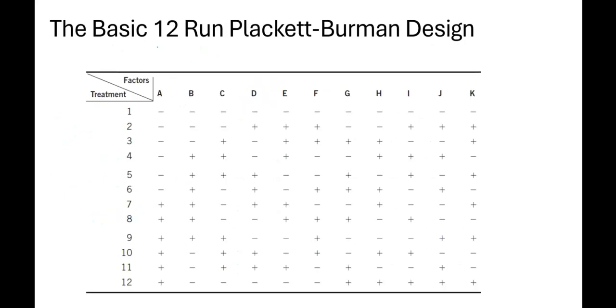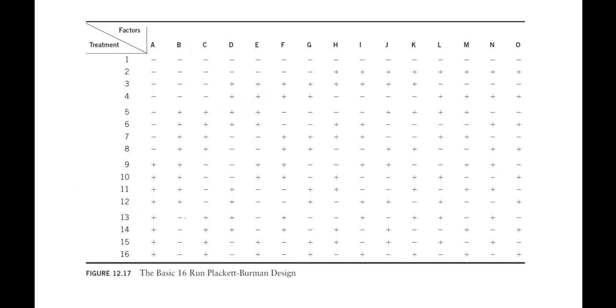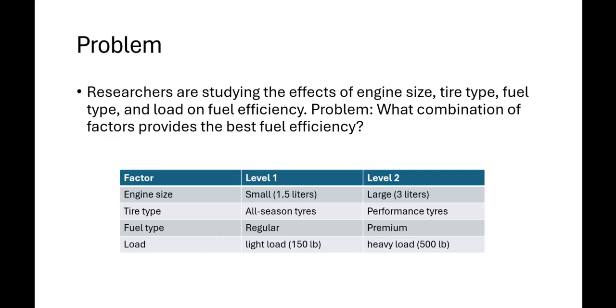And then we have 12 run experiments, we have 16 run. Okay, so now let's apply this screening technique to our problem. In our problem we have 2 levels and 4 factors, so 16 runs for full factorial.